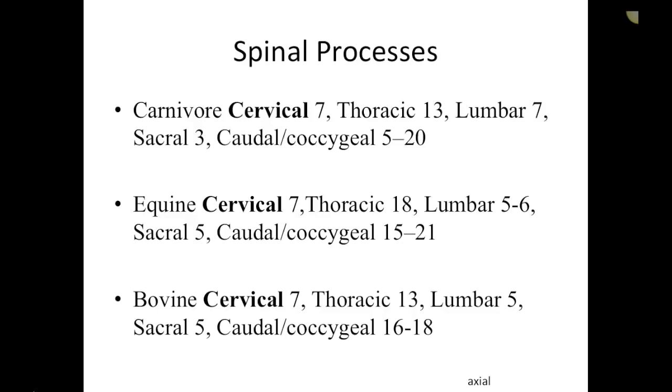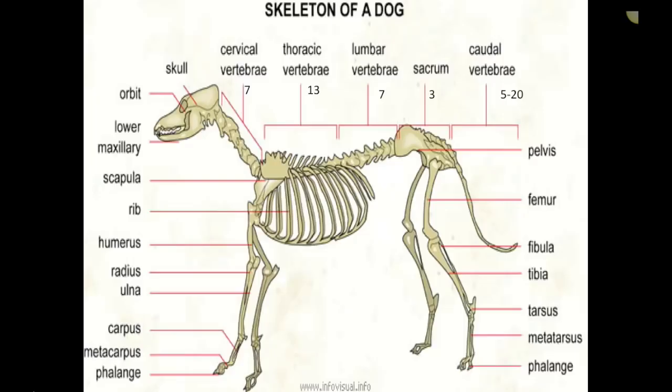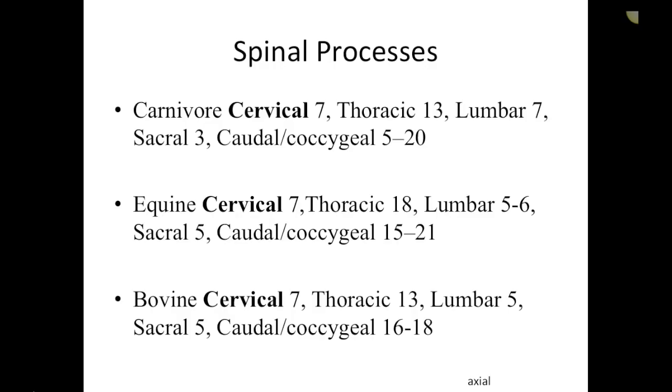So we have a cervical section, a thoracic section, a lumbar section, sacral section, and a coccygeal section. And then this is telling us exactly how many vertebrae are within each of those sections for carnivore, equine, and bovine. So just going back, you as a student will definitely want to get to know this.